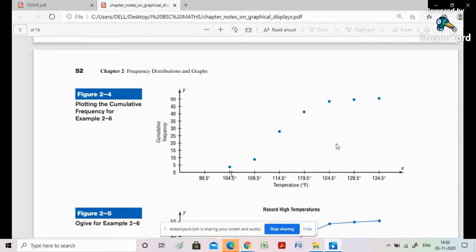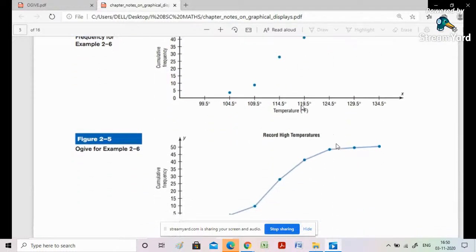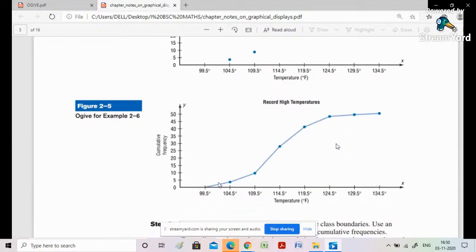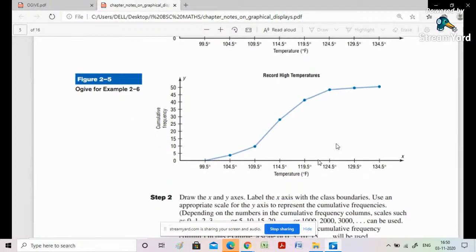At 104.5, they have plotted the first point. Then they have plotted a smooth curve, a line joining these points. That is the procedure.